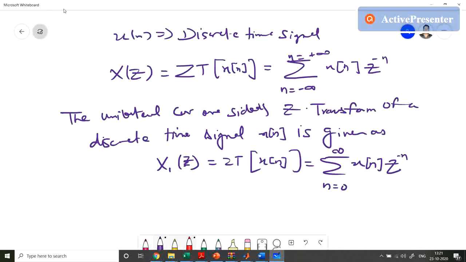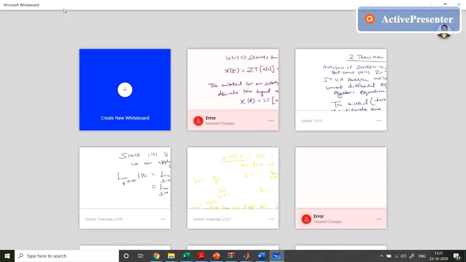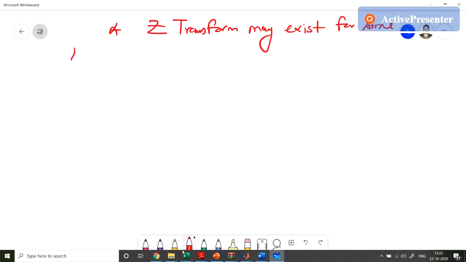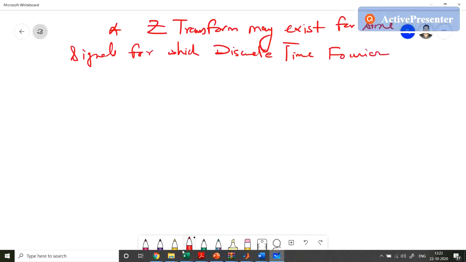Basically, if we are talking about the Z transform, then it is very important to note that the Z transform may exist for some signals for which the discrete time Fourier transform, DTFT, does not exist.